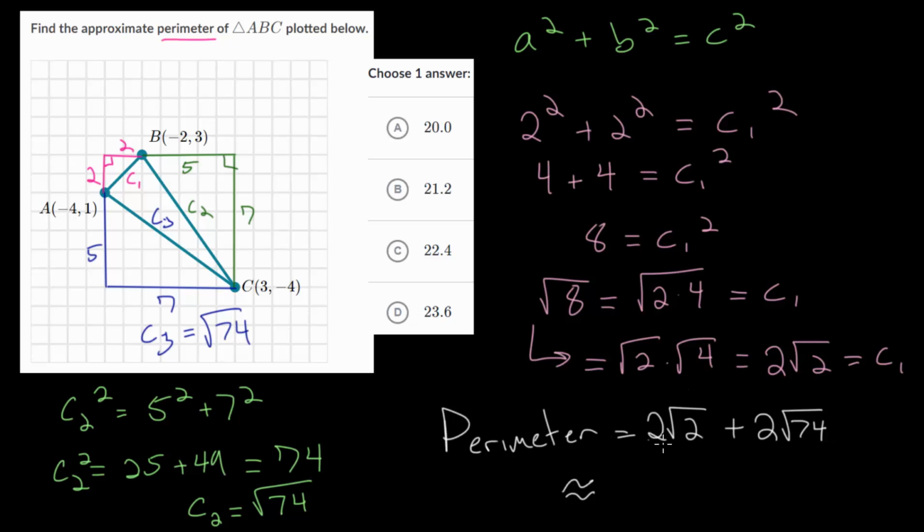So we'll need to plug this into our calculator and then round it, it looks like, to the 10th place. And after you plug this in, what you get is 20.033, and then it's going to go on forever since it's irrational, but that will just round to 20.0. So in this case, it looks like choice A is the correct answer.